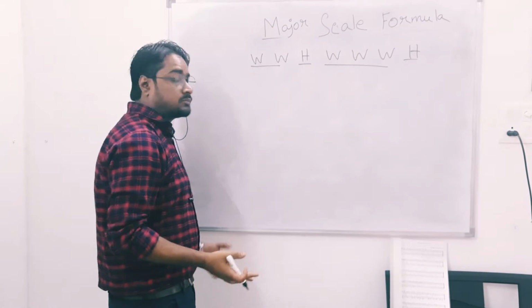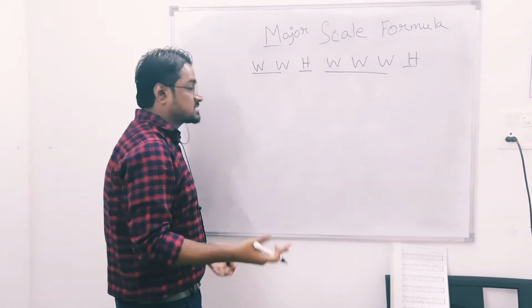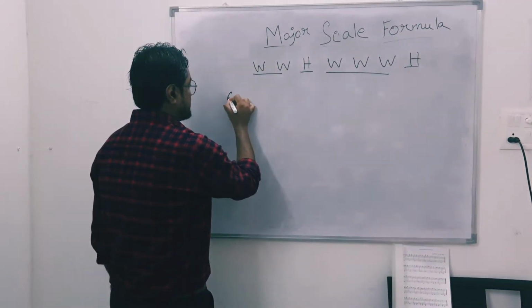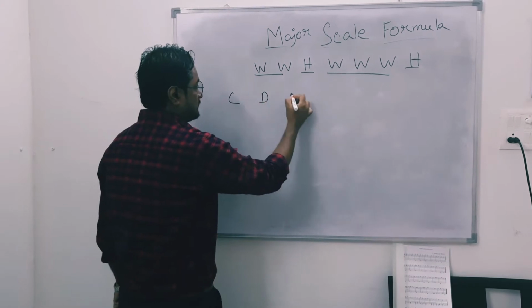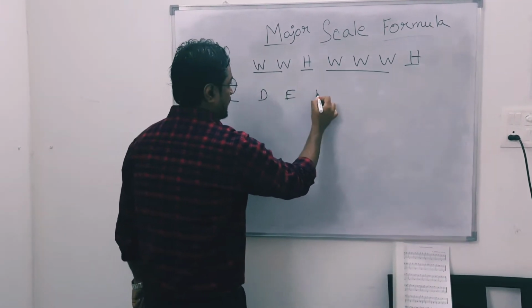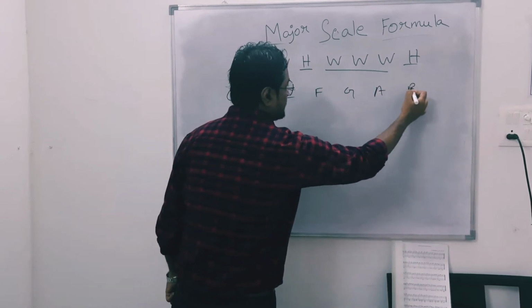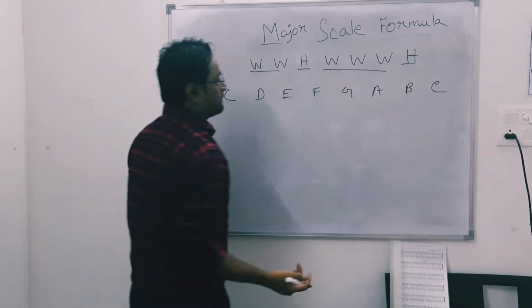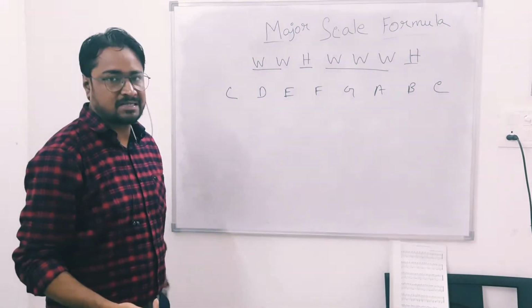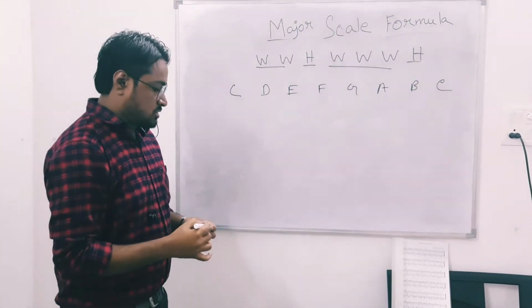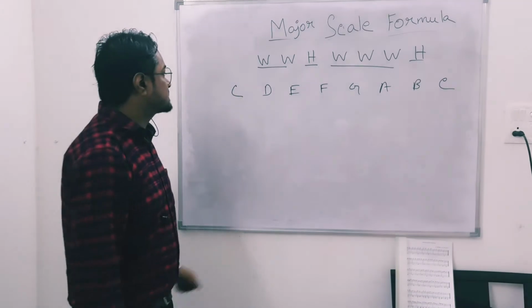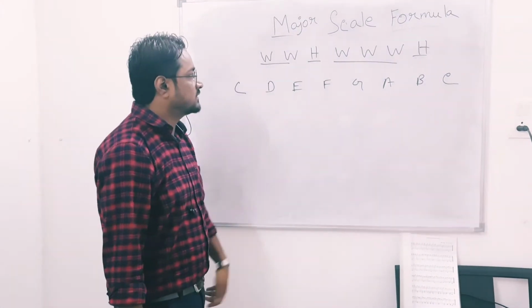We all know the C major scale is a very common scale: C, D, E, F, G, A, B, and again C. No sharp or flat notes are here. Let's explain the C major scale with the formula.